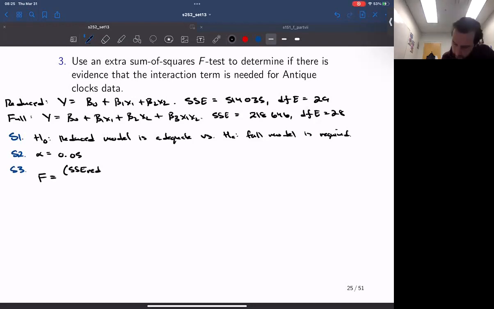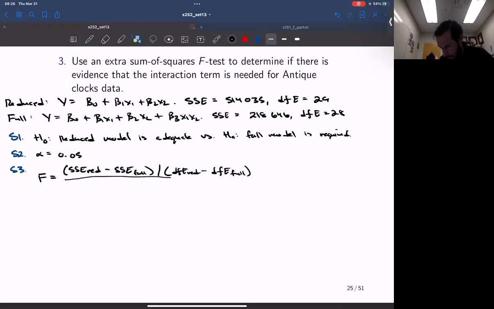The test statistic is SSE reduced minus SSE full, divided by the DFE reduced minus the DFE full, and that's divided by SSE full divided by DFE full.